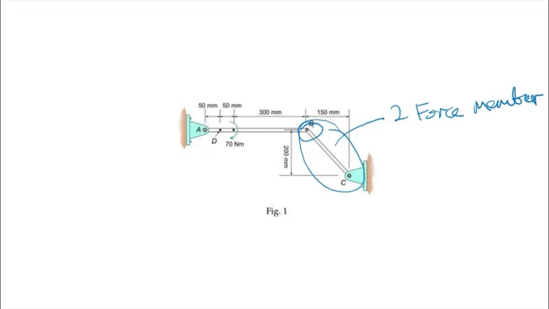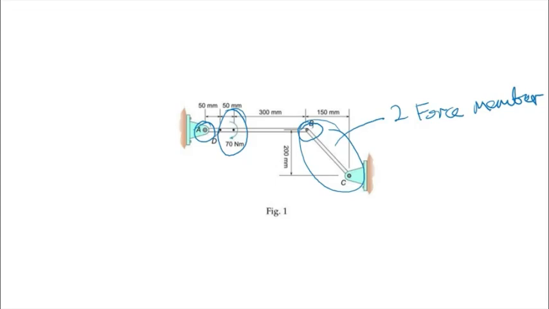The second is at point A from the support bracket at A. And the last is where you have the moment acting. So AB is not a two-force member, whereas BC is. Normally you don't need to draw two-force members because it doesn't help very much.